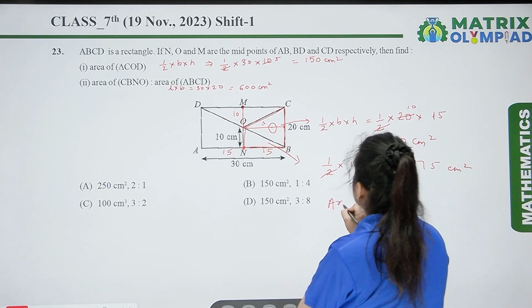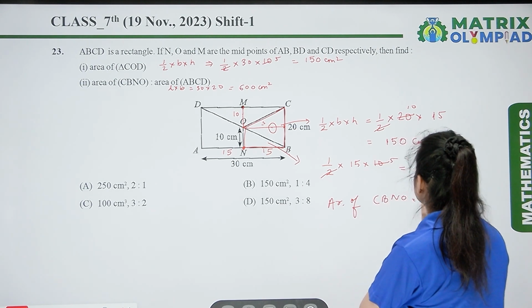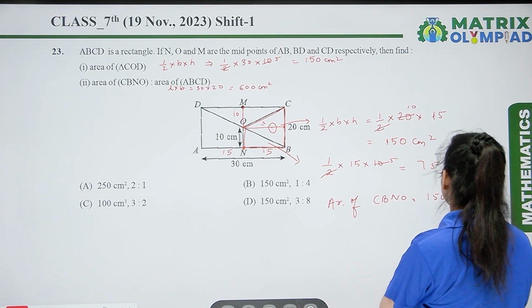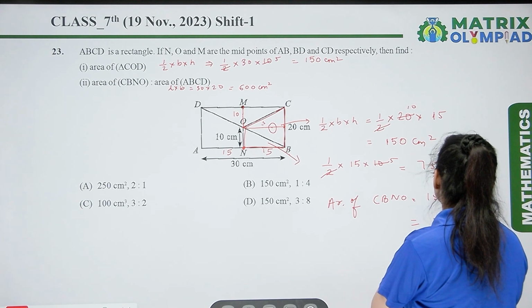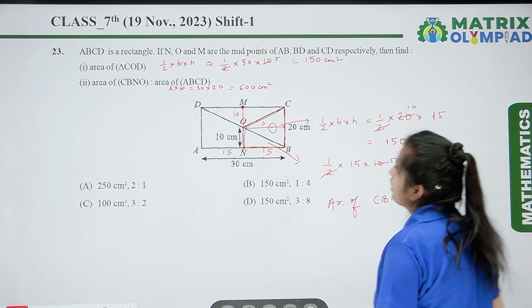So the area of CBNO is 150 centimeter square plus 75 centimeter square, that is equal to 225 centimeter square.